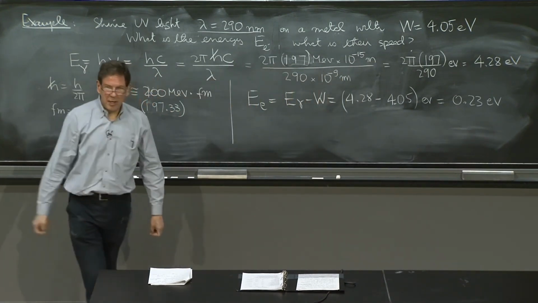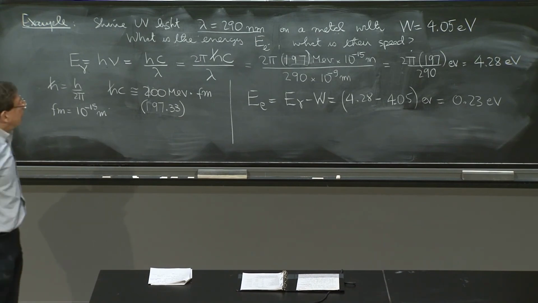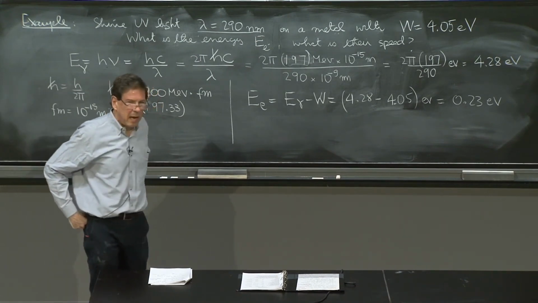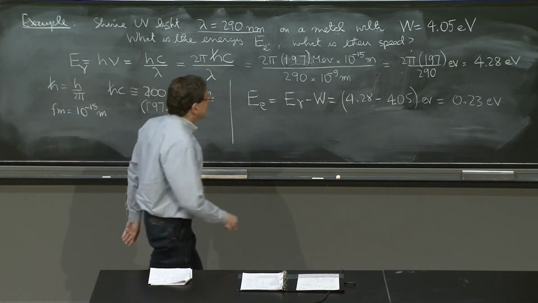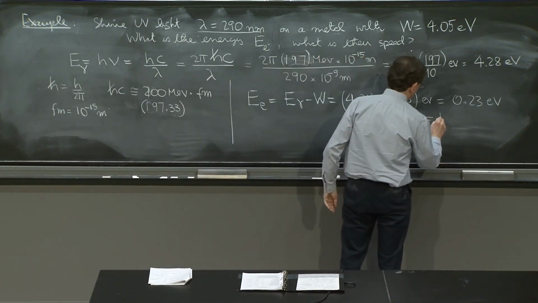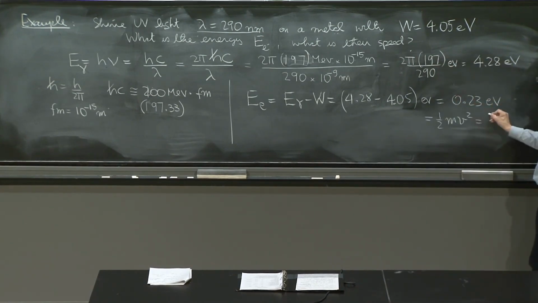That's a kinetic energy, and that should be a non-relativistic electron because the rest mass of an electron is about 500,000 eV. It's 511,000 eV. So this is fairly non-relativistic, but how slow is it? Is it moving a centimeter per second? No, it's moving pretty fast. You can write this as 1/2 mv squared. Then you put 1/2 m of the electron c squared times v squared over c squared.